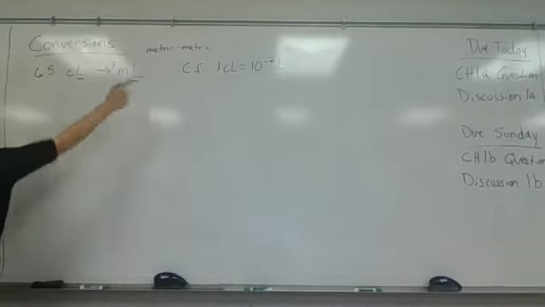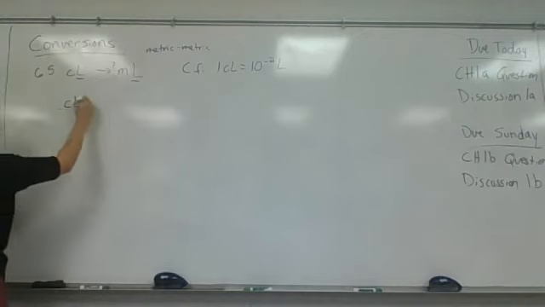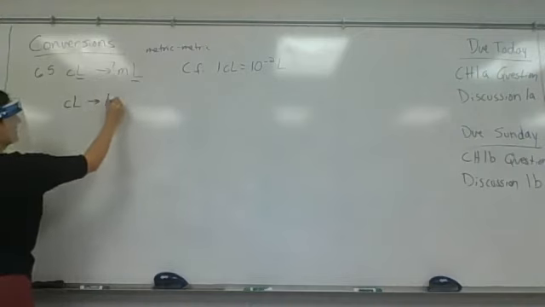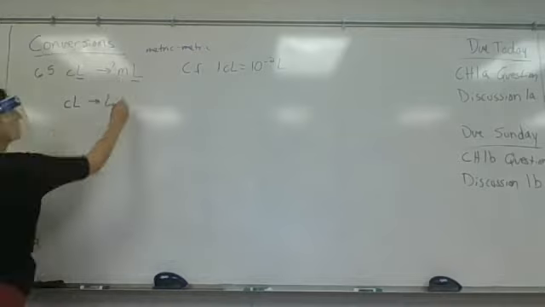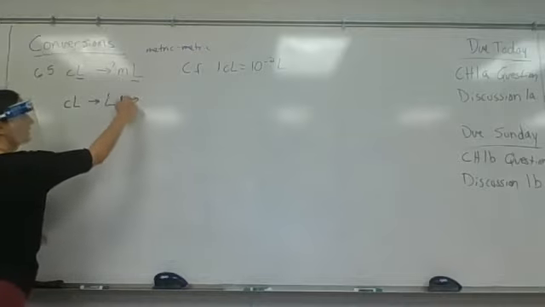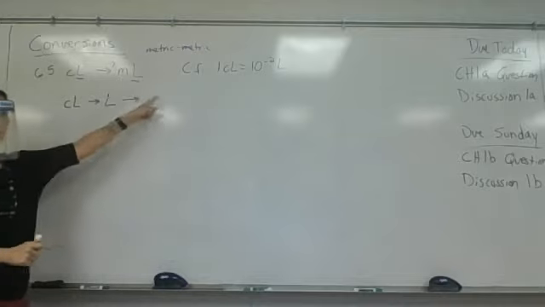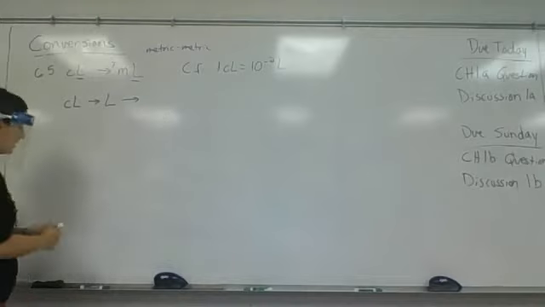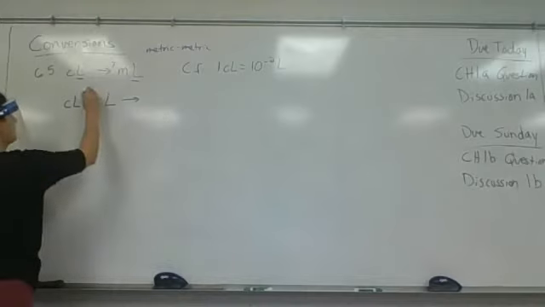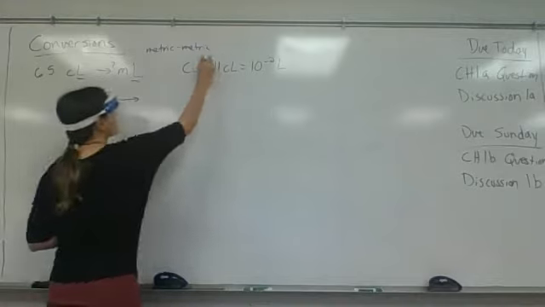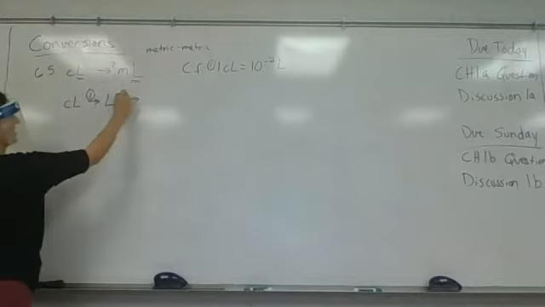Okay, so if I use that, I'm going to go from centiliters to liters. But I want to be in milliliters, so I'm going to need another conversion factor here to go from liters to milliliters. Okay. So this first step, I can use this conversion factor. But I'm going to need a second one.